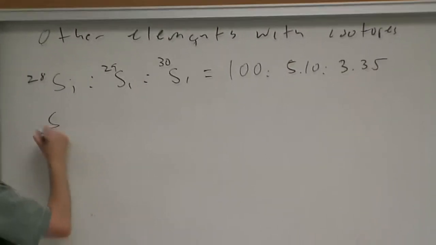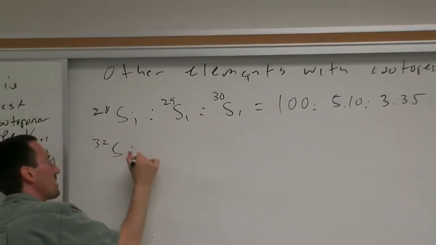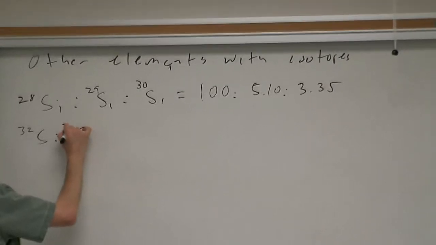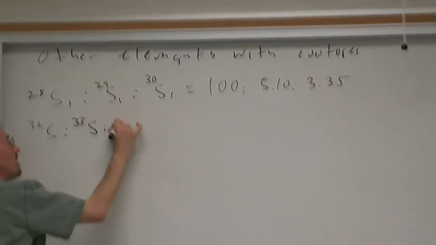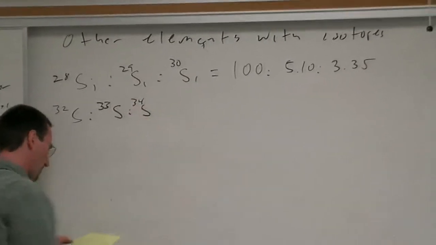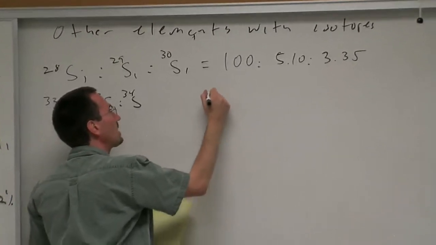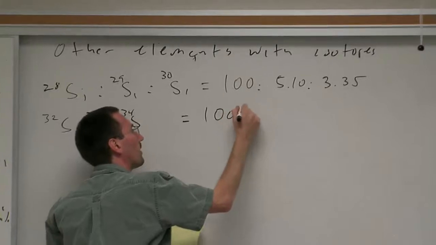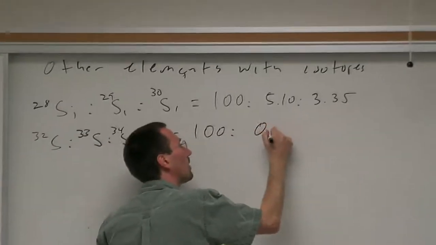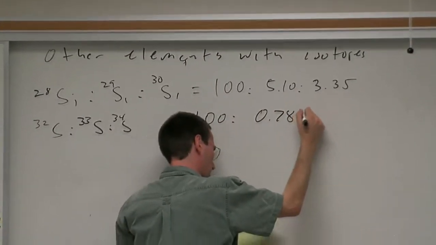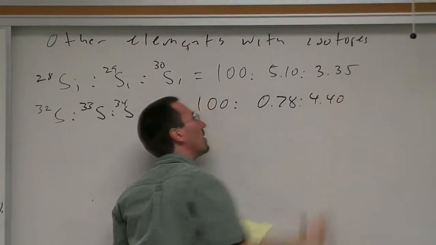Sulfur, another common element, consists of a mixture of sulfur-32, sulfur-33, and sulfur-34 in 100 to 0.78 to 4.40.